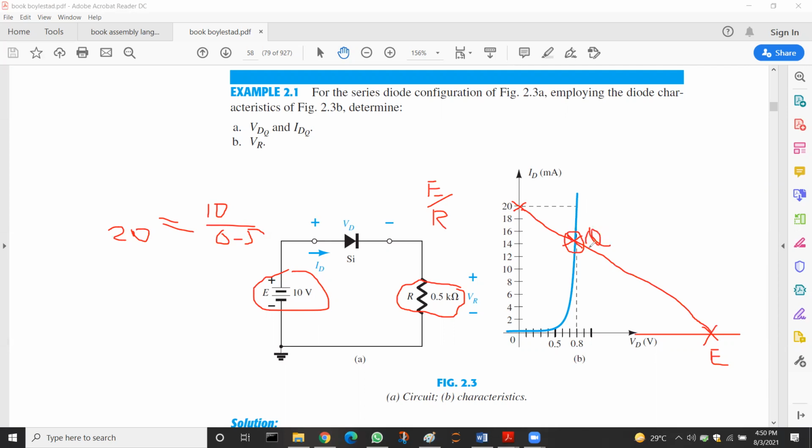From this Q point, we draw a line to the horizontal axis and a line to the vertical axis to find the respective values of VDQ and IDQ.